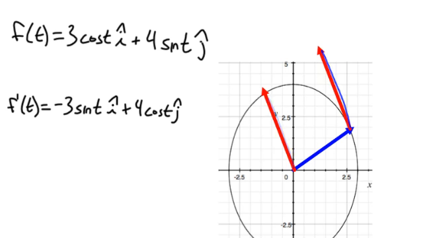Not surprisingly, there's a reason why we use the letter t here, and it's because it's helpful to think of t as time. Imagine I'm a little guy who starts here near the curve, and as time goes on, I'm walking around the curve.